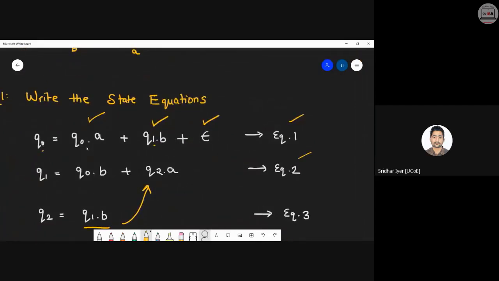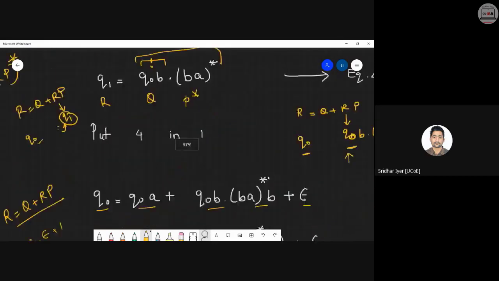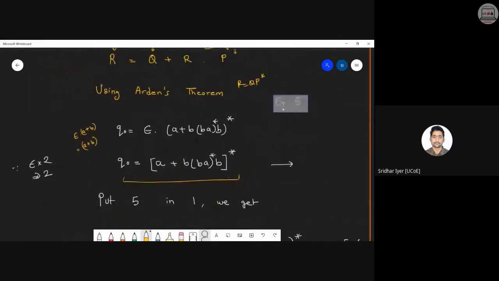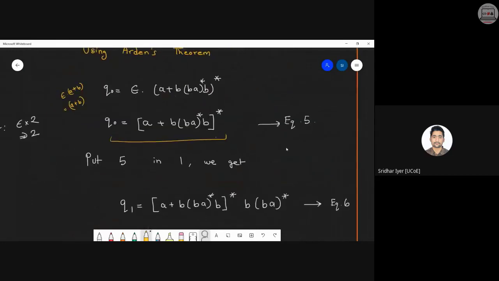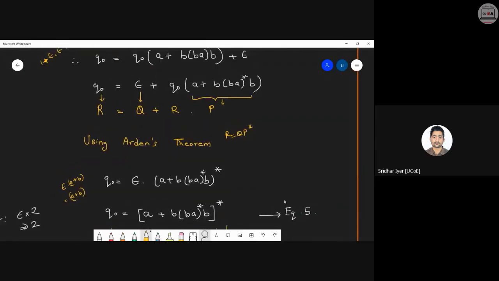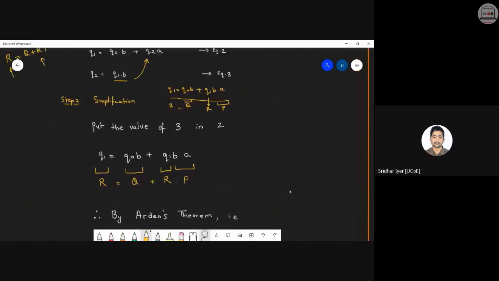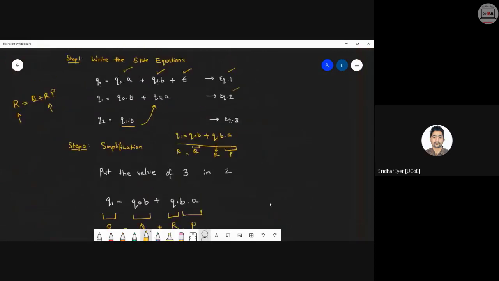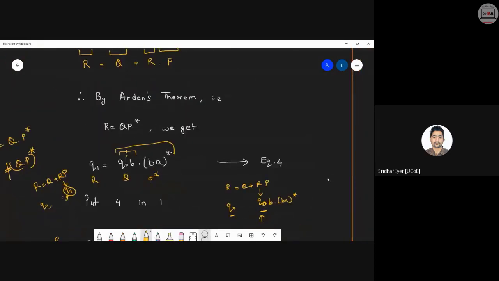Okay. Let me check. There is some mistake. Let me check once. Not 5 in 1. It is basically 5 in this only. This equation. 5 in 4. Put it in 4. I mistakenly wrote 5 in 1.